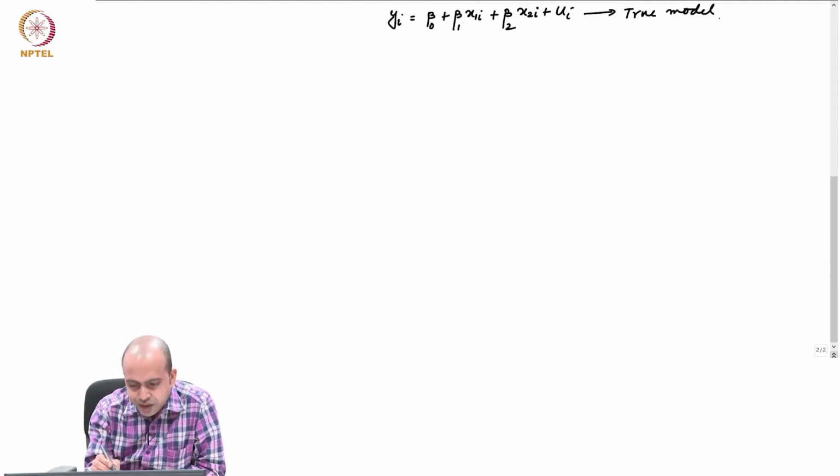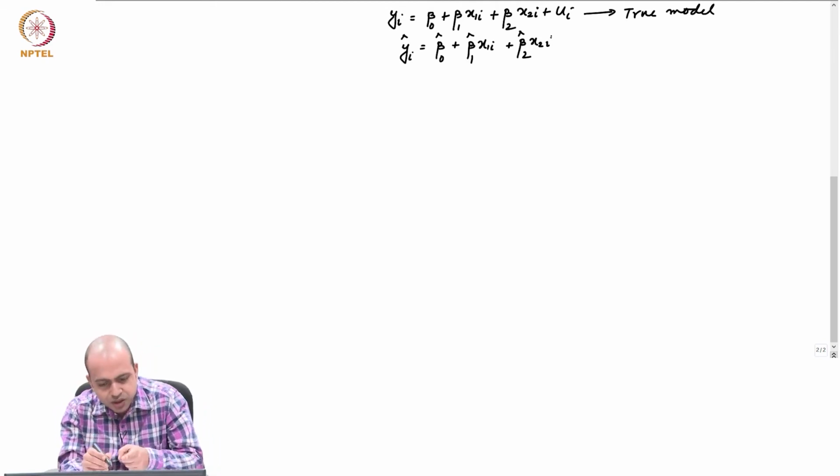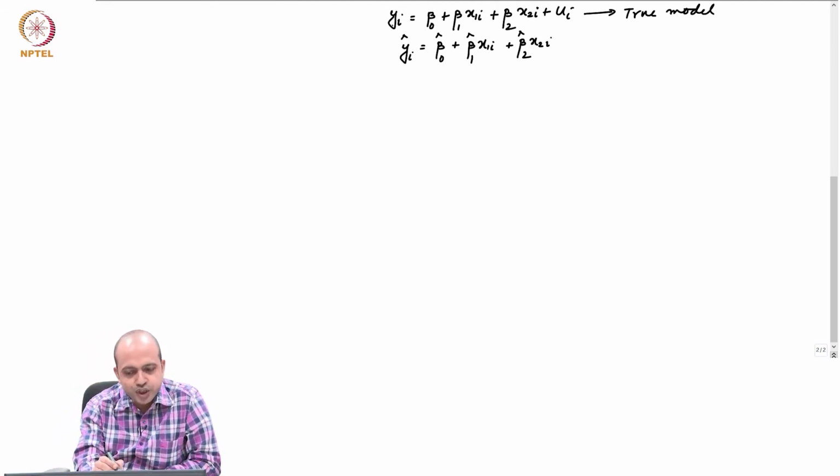And if you estimate the true model, you will get y_i hat equals beta 0 hat plus beta 1 hat x1i plus beta 2 hat x2i. Okay. So, in this model our wage is determined by x1i and x2i, where x1i is education and x2i is ability.